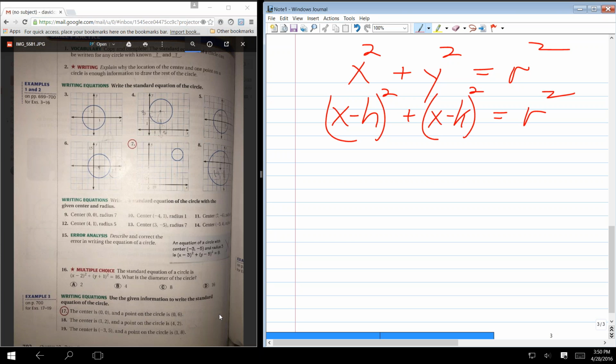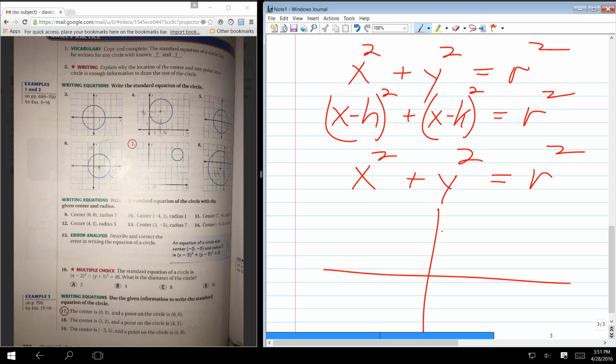So what do I know off the get-go? X is squared, and h and k cross out. So it's x squared plus y squared. And I don't know r yet, do I? Well, I'm going to figure out r. They're giving us a point on the circle right there that's 0, 6.